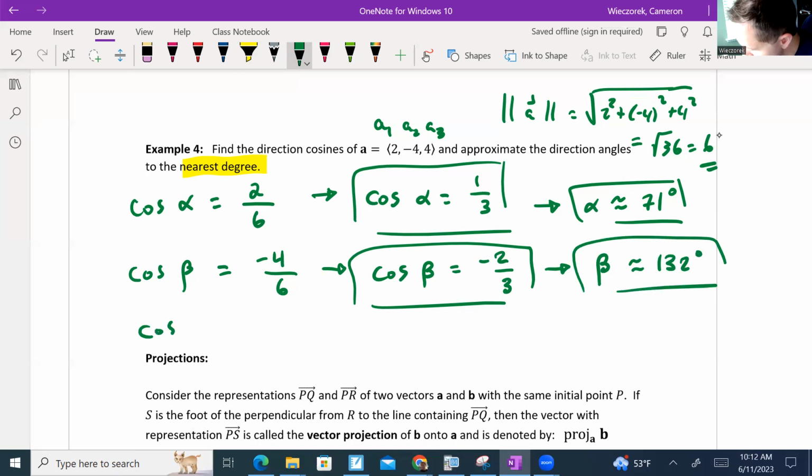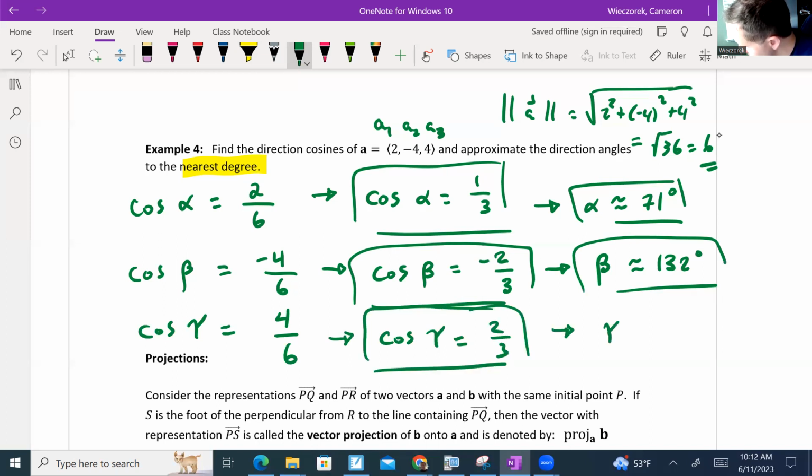And then for the cosine of gamma, take the third component, the z component is 4, divided by the magnitude, 6. Cosine of gamma is positive 2/3 this time. And so inverse cosine of 2/3 is approximately 48 degrees.